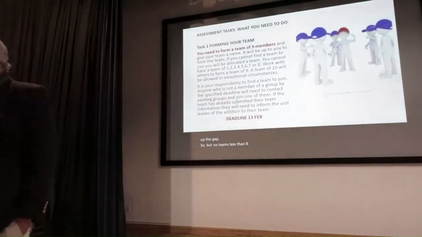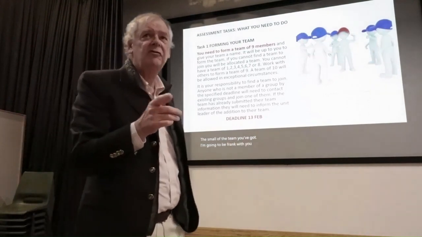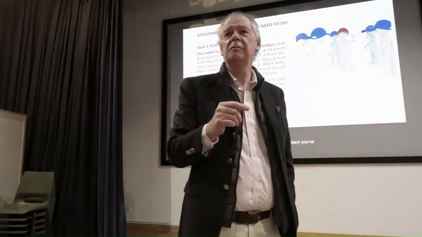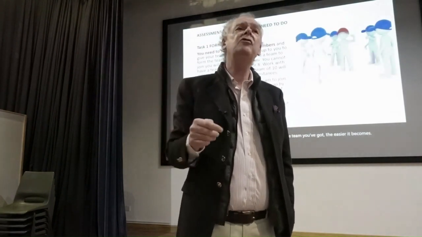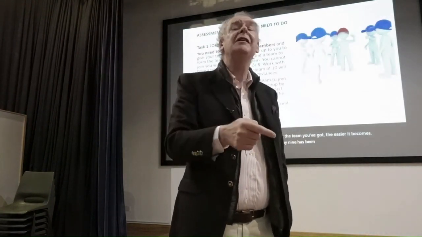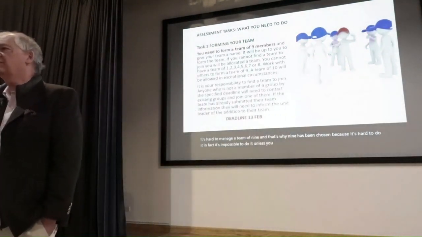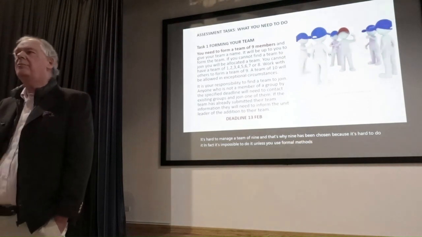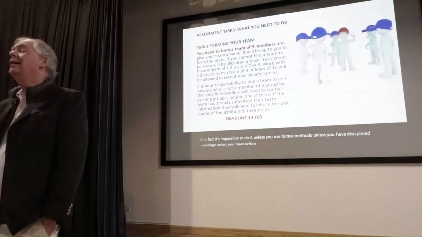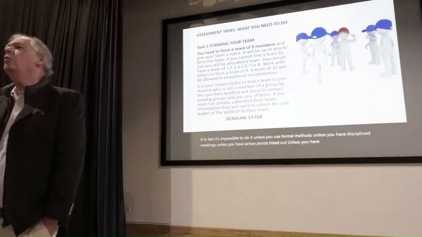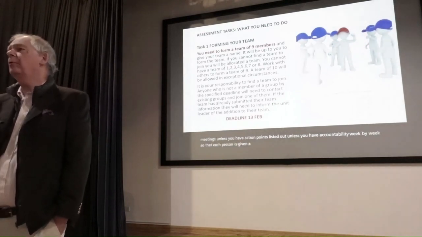The smaller the team you've got, I'm going to be frank with you here, the easier it becomes. It's hard to manage a team of 9, and that's why 9 has been chosen. In fact, it's impossible to do it unless you use formal methods, unless you have disciplined meetings, unless you have action points listed out, unless you have accountability week by week, so that each person is given a task and is accountable for that task.